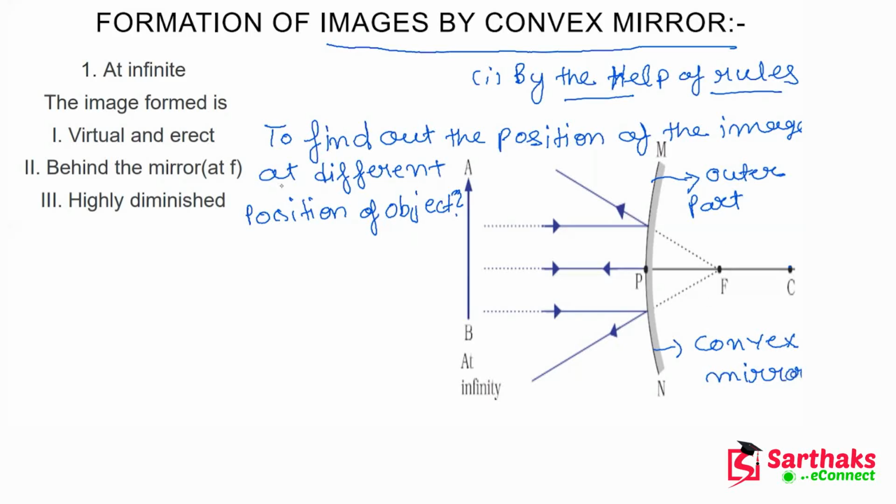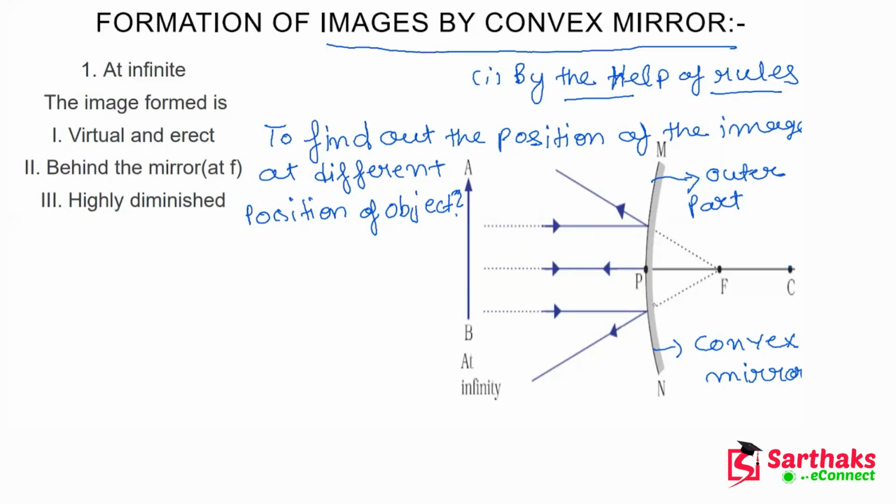Okay. So now let's talk about the position of an object. Here I have placed the object at infinite distance from this mirror. Now you might be thinking, how can we place an object at infinite distance? For your simplicity, I want to let you know that the distance between this mirror and this object is very high.